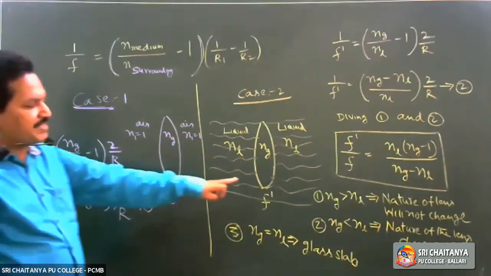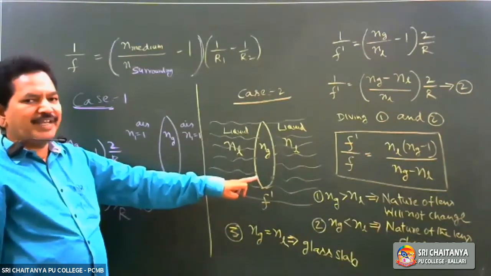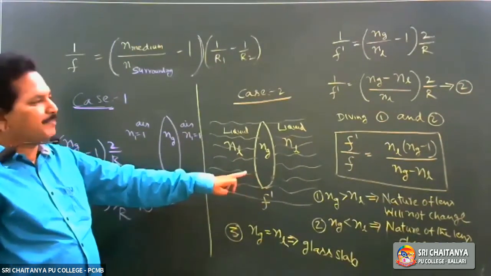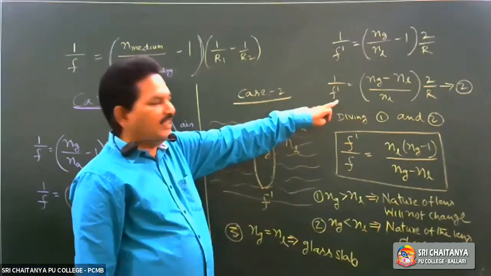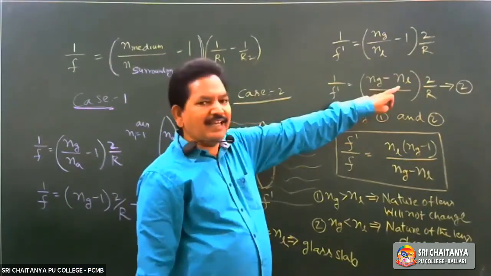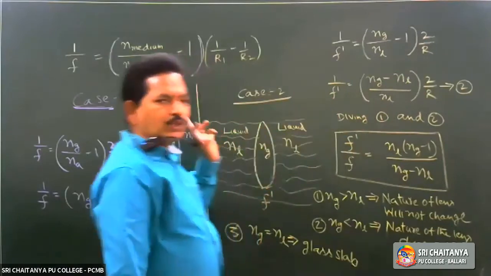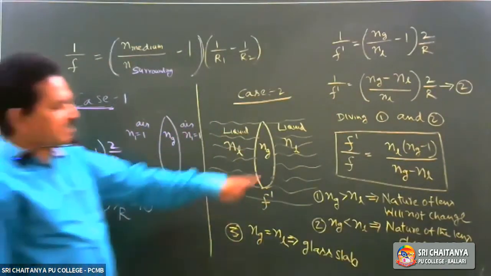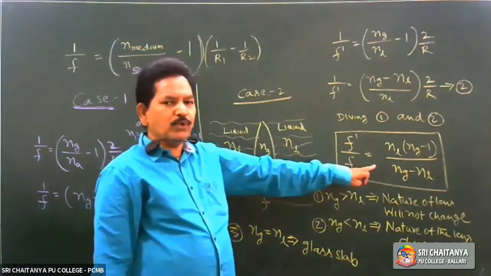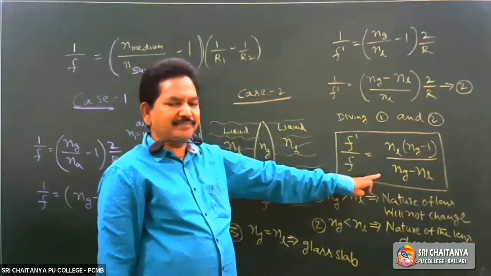When the same lens is dipped inside a liquid, what is its focal length formula? Lens maker: 1 by F dash is equal to Ng minus Nl by Nl into 2 by R. Dividing those two, I will get the shortcut formula. F dash by F is equal to Nl into Ng minus 1 by Ng minus Nl.